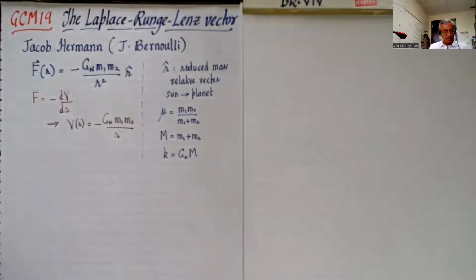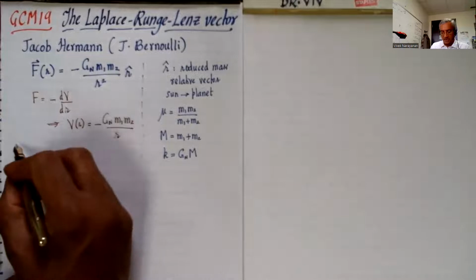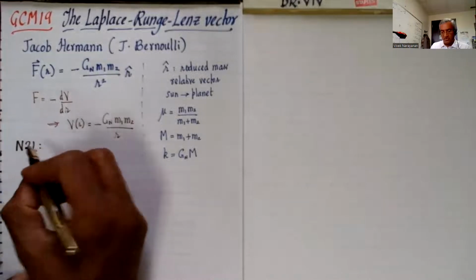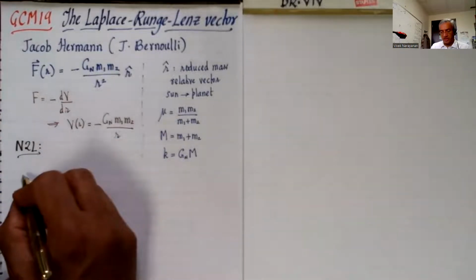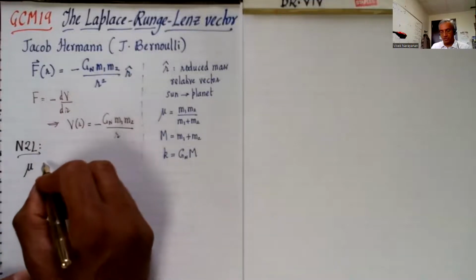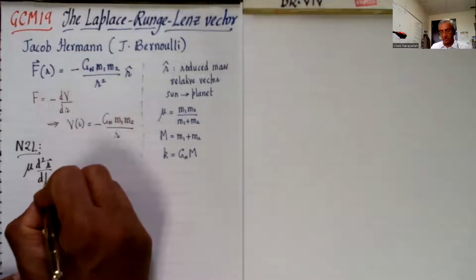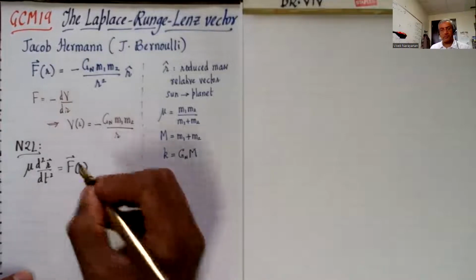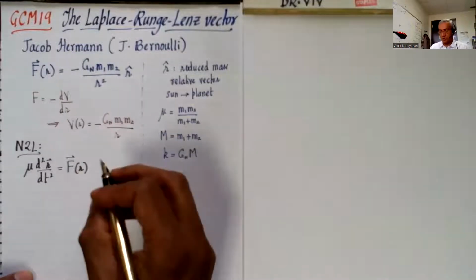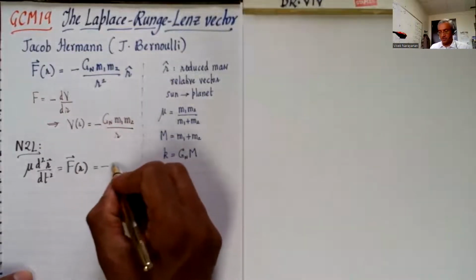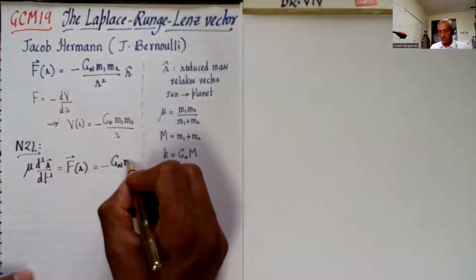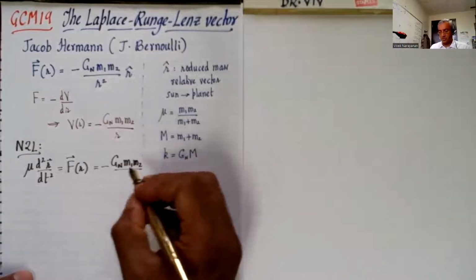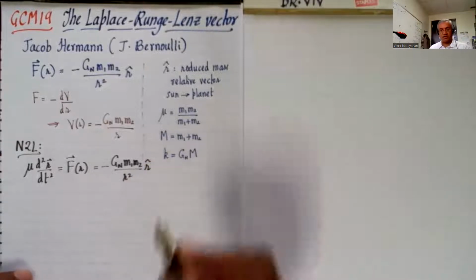Now, let's write Newton's second law in the reduced mass scenario. Newton's second law looks like mass, which is mu, times the acceleration, d2r over dt squared, is equal to the force. And the force is given by that, times the unit vector r hat.